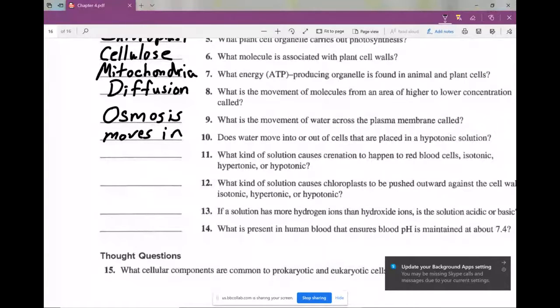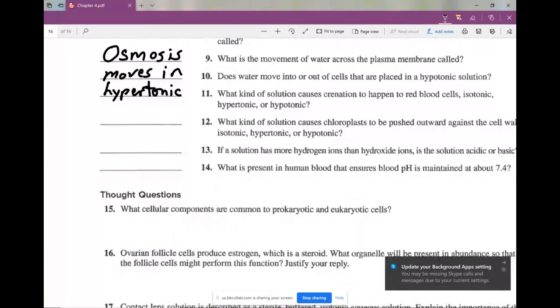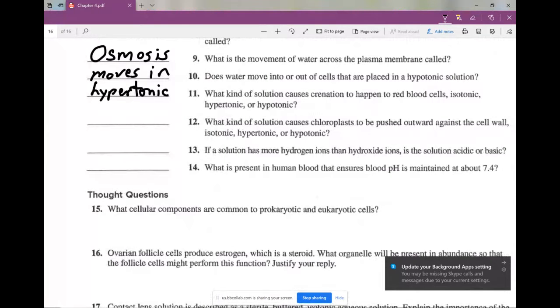What kind of solution causes coagulation to happen to red blood cells? That would be hypertonic. What kind of solution causes chloroplasts to be pushed outwards against the cell wall? That would be hypotonic or isotonic.